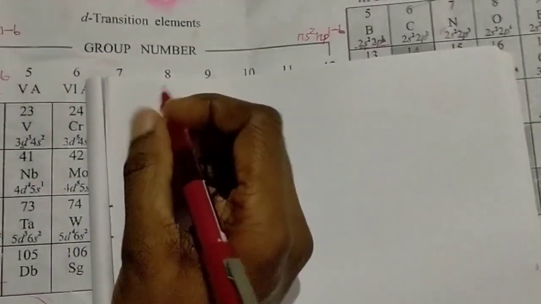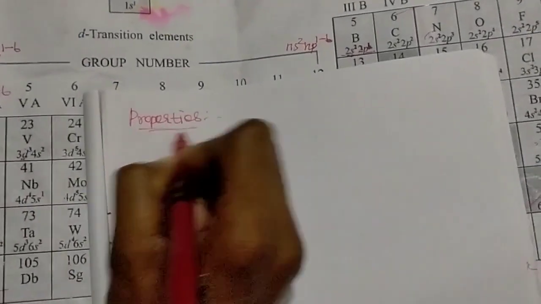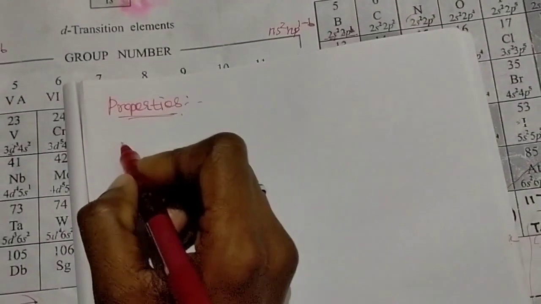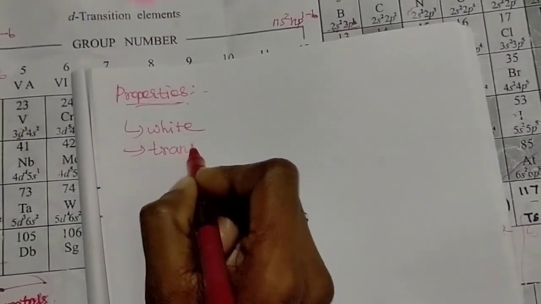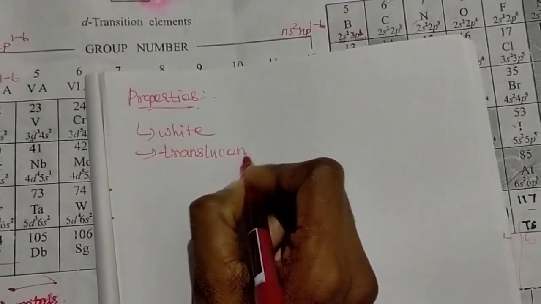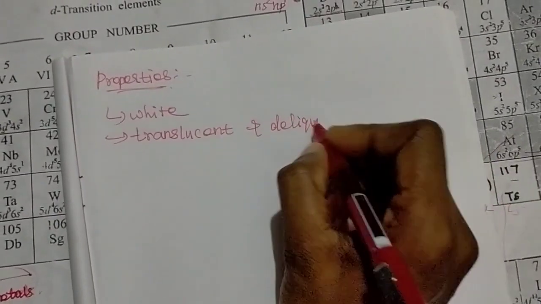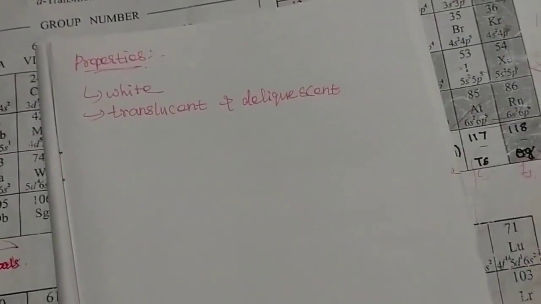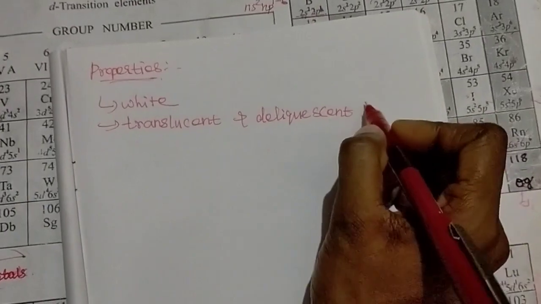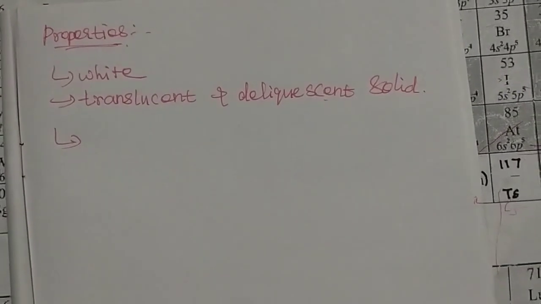We have some properties of sodium hydroxide. It is white in color. It is a translucent and deliquescent, white solid.